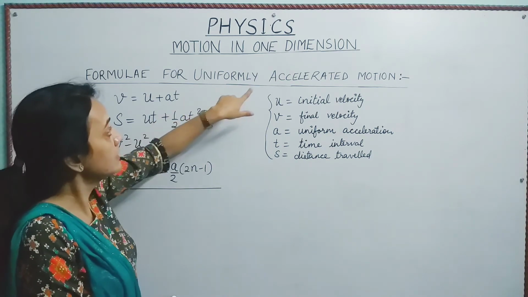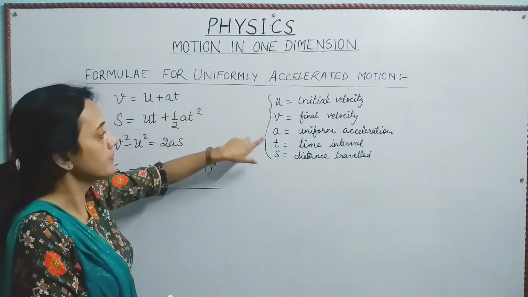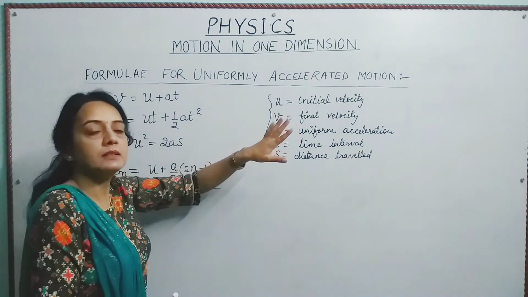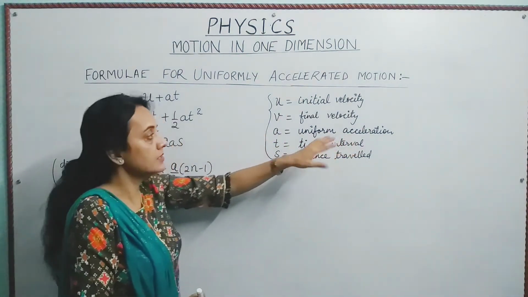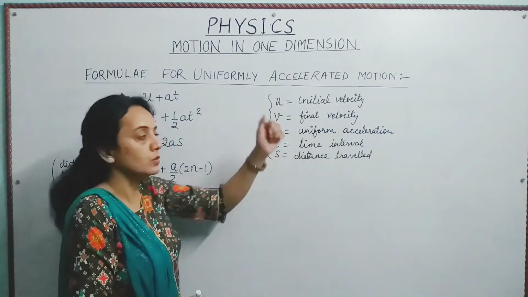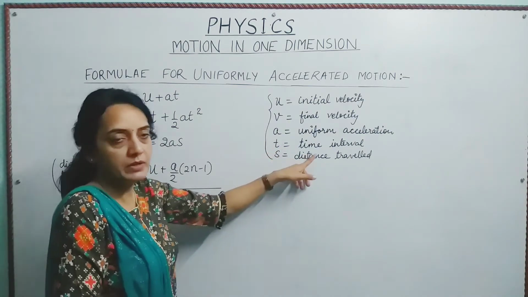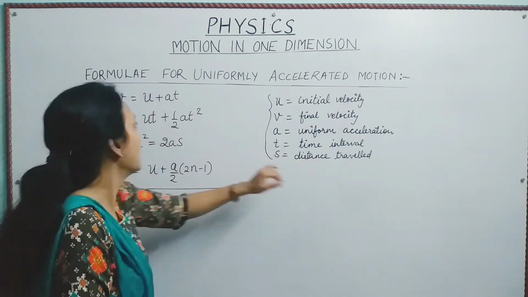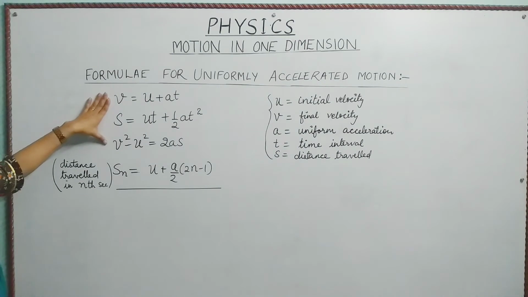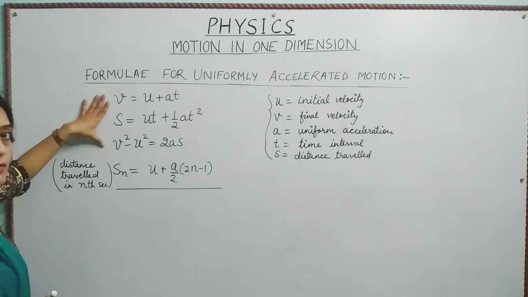Here we are considering uniformly accelerated motion. Wherever there is retardation or deceleration, we put a minus sign along with this. t is the time interval and s is the distance traveled.